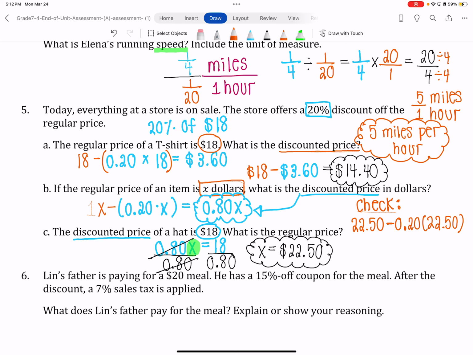And let's see what we end up getting. 20% of $22.50 is actually $4.50. So if I subtract $4.50 from $22.50, we end up getting $18. So it works out. We know that the original price is in fact $22.50.